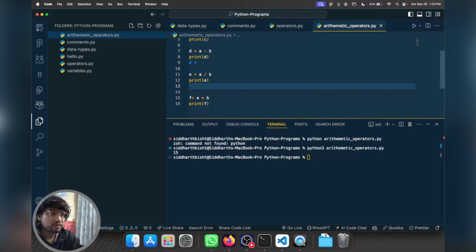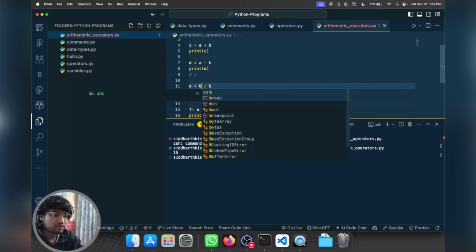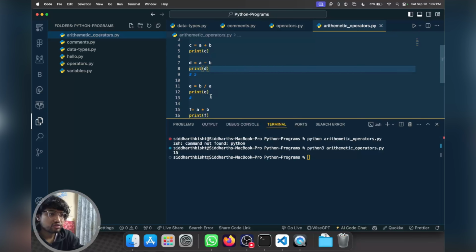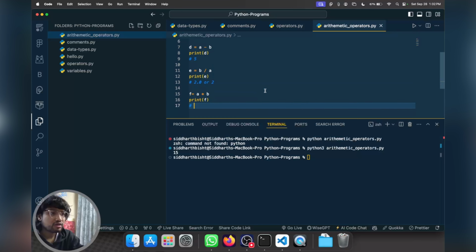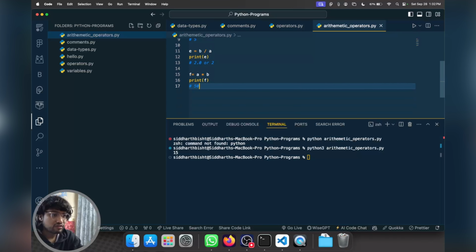So a divided by b, it should give us, let's see, is it 2.0 or just 2? We will check. And a multiplied by b will be simply 10 into 5, which is 50.